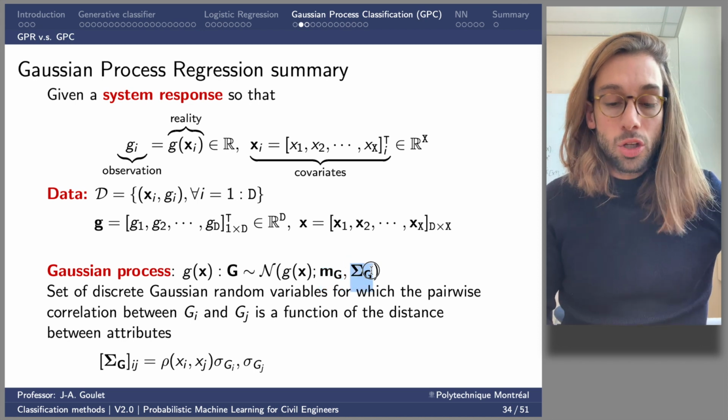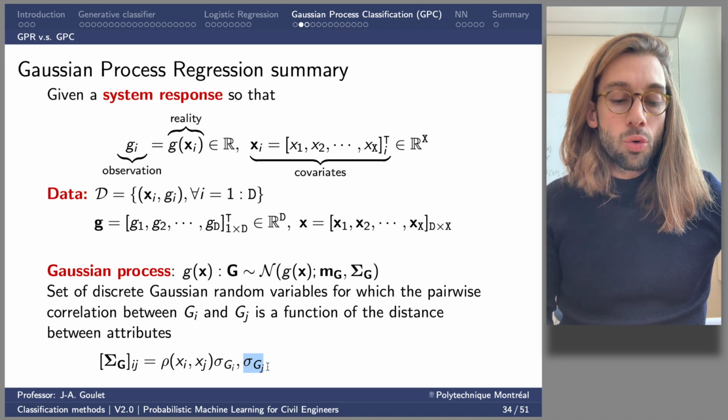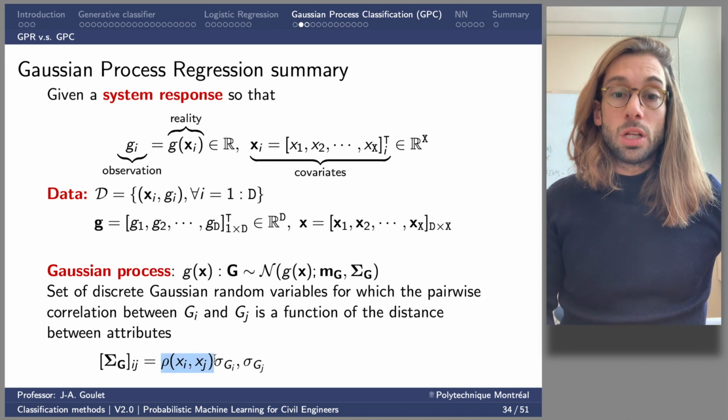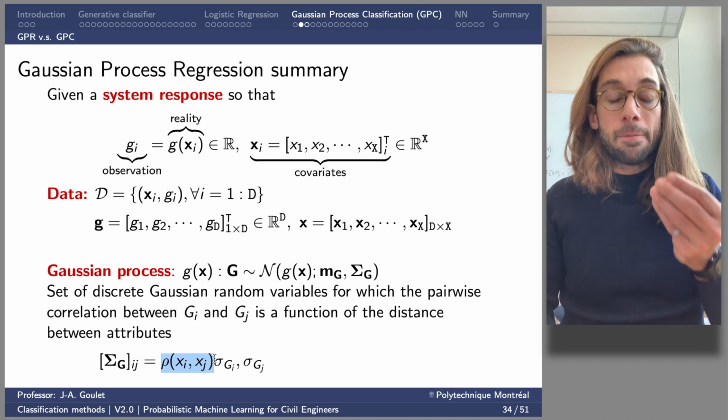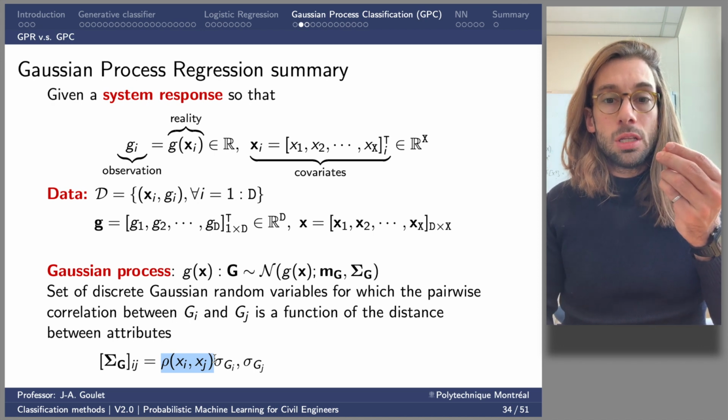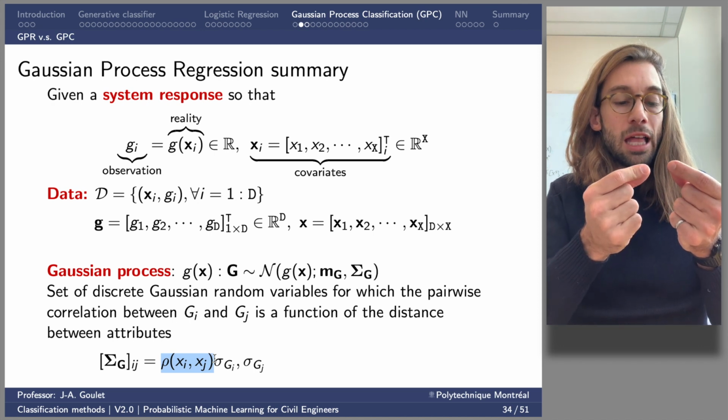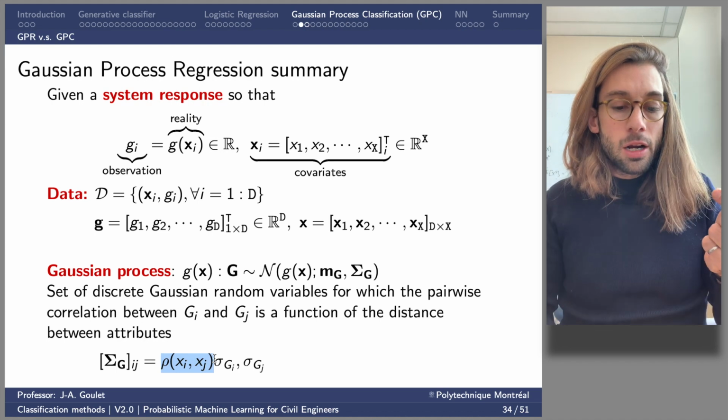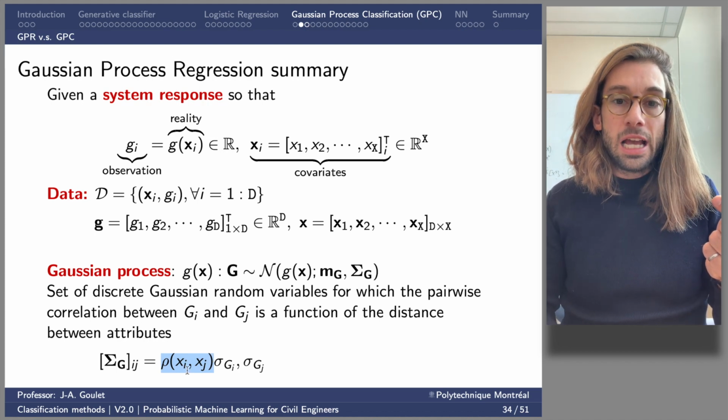Here, the terms in that covariance are going to be controlled by our prior variance at any points i and j, and by a correlation function, where that correlation function is going to dictate what is the correlation coefficient between the responses at two different covariates that are characterized by x_i and x_j.